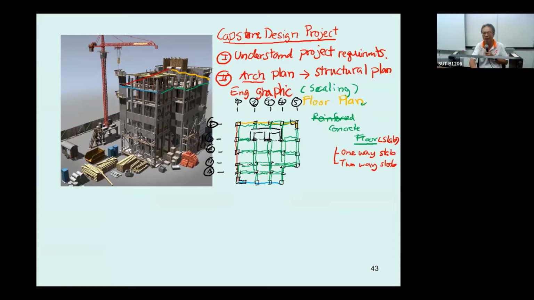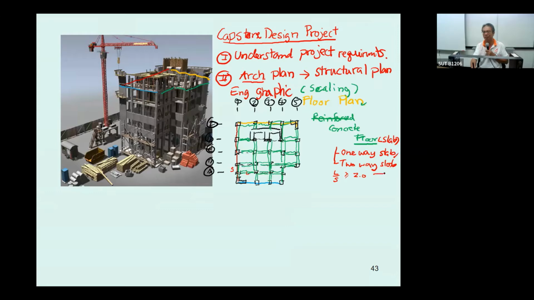Okay, you can read the short side, you can read the long side. It depends on the way you use it. If you use the ratio of long over short, if this long over short is larger than 2.0, that is going to be a one-way slab.